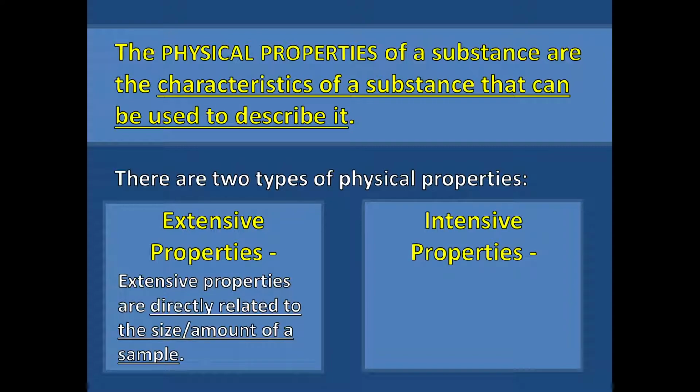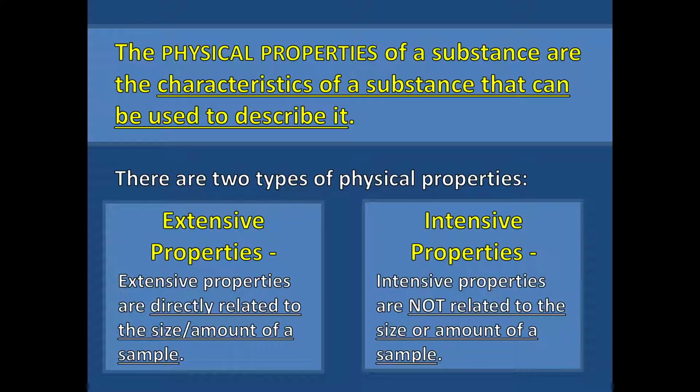Intensive properties, however, are properties that are not related to the size or amount of a sample. Intensive properties are ones that, if it's not related to the size or amount, it means that they are intrinsic, naturally a part of that substance.